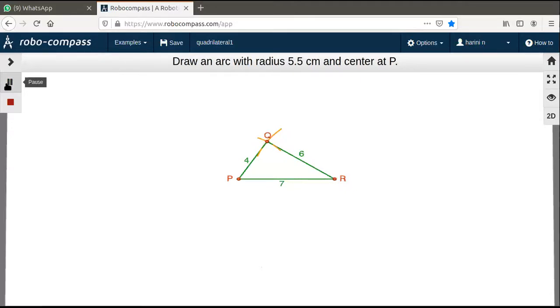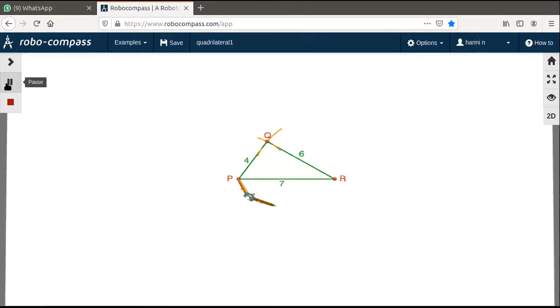Yes, ma'am. Okay. So my next step, with P as center and radius 5.5 centimeters, cut an arc. How do you know it is 5.5? My rough diagram will help me. The distance between P and S is 5.5 centimeters. That's why I have taken a radius of 5.5 centimeters.